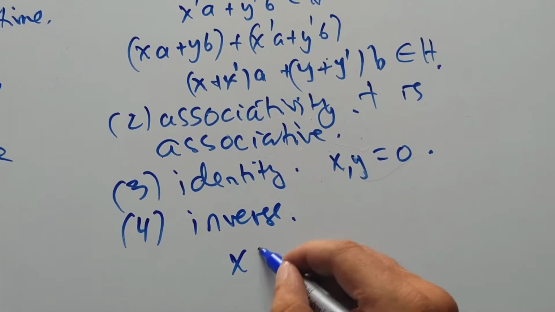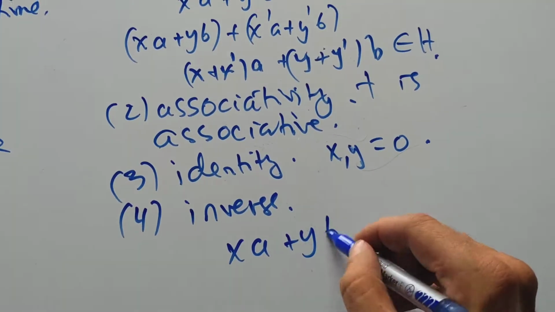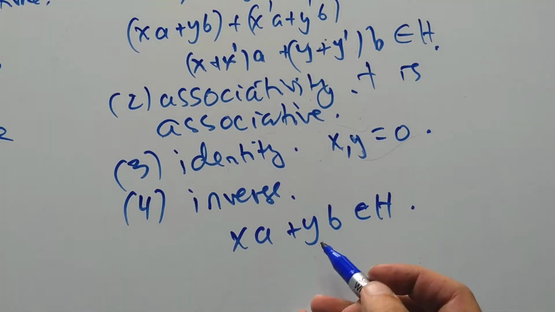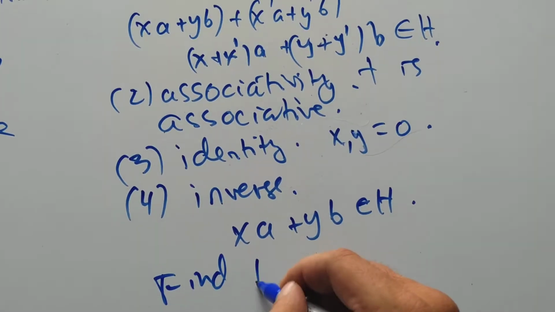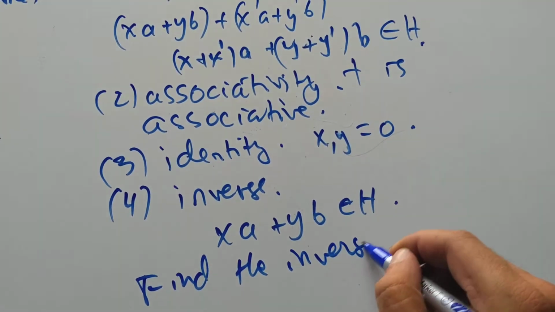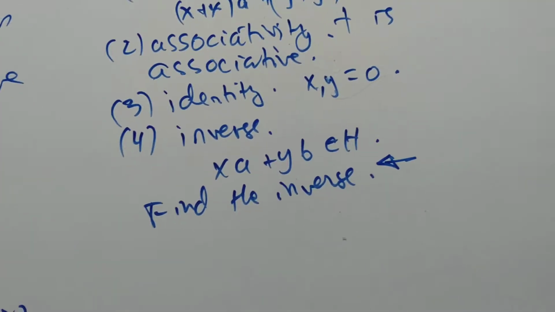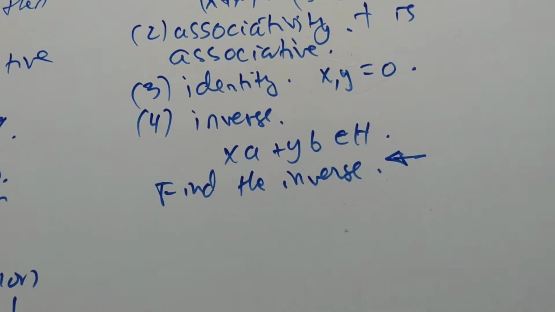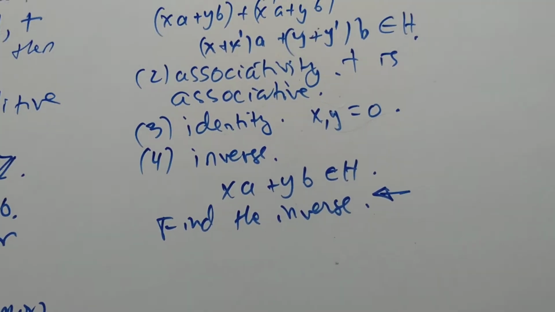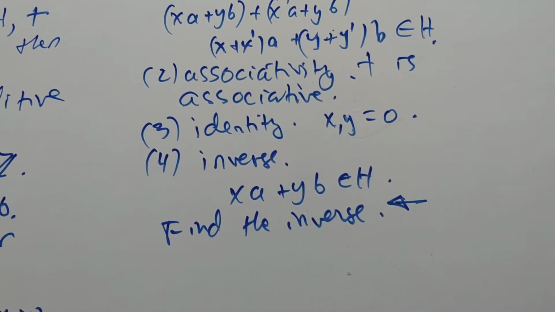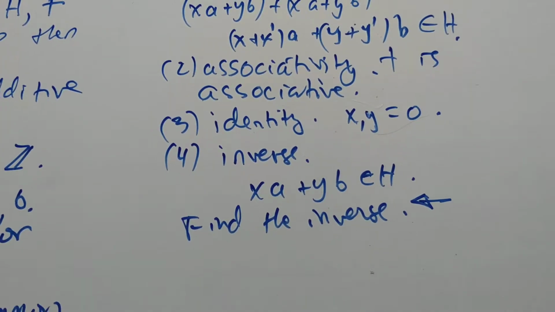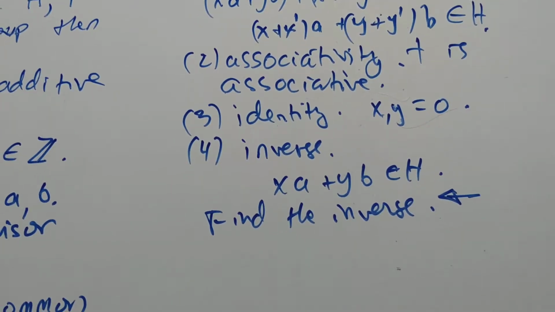For every xA plus yB in H, there is an inverse. Find the inverse. I want you to do that. I don't think it's very hard, but it's a good exercise. It's quite interesting to do. It's always interesting to prove that something's a group. So go ahead and finish that.